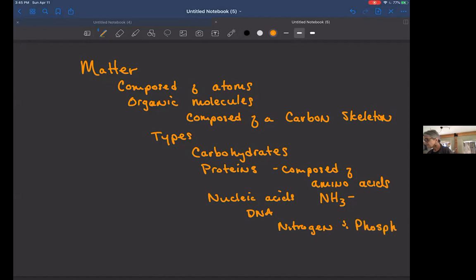We'll just put phosphate. So for example, you might have heard or learned about the DNA molecule and how it's a double helix, and the sides of the molecule contain a sugar phosphate backbone. And then you have adenine, thymine, guanine, and cytosine forming the bases of the DNA molecule.